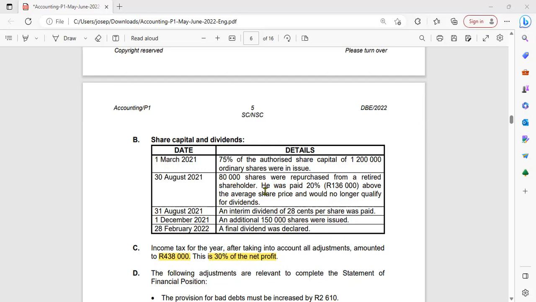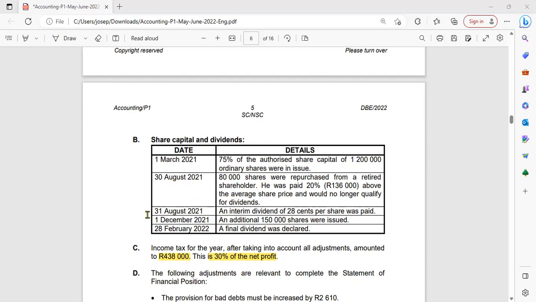So they said he was paid 20%, which is 136,000, above the average share price and will no longer qualify for dividends. This information is very important: will no longer qualify for dividends, right?